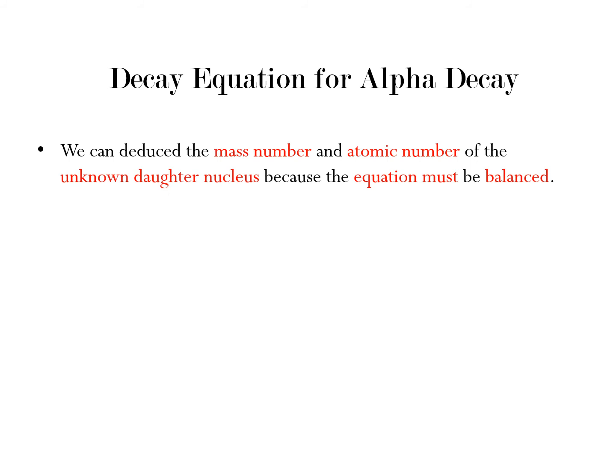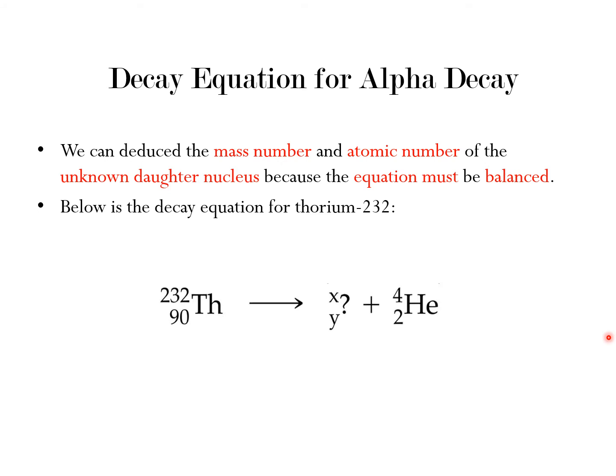Now let's learn how to write decay equation for alpha decay. So actually we can deduce the mass number and atomic number of the unknown daughter nucleus because the equation must be balanced. So what does it mean? Okay, first let me show you the decay equation for thorium-232. So here is the equation.